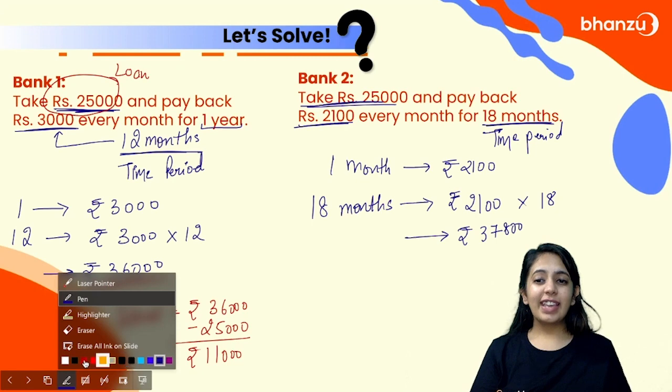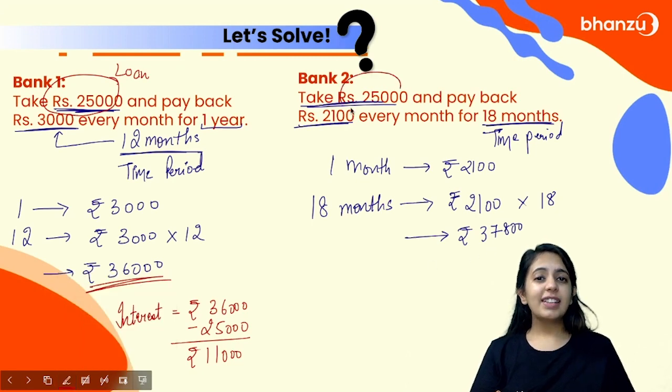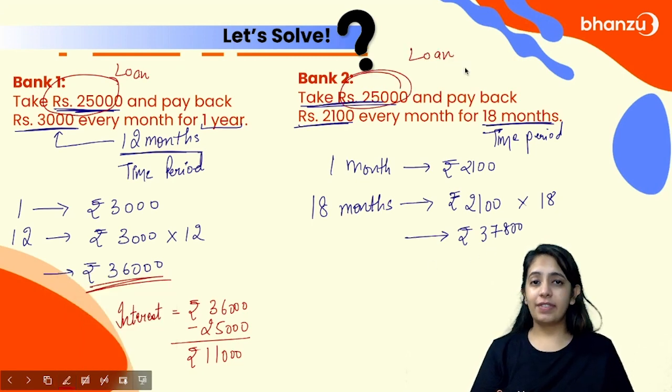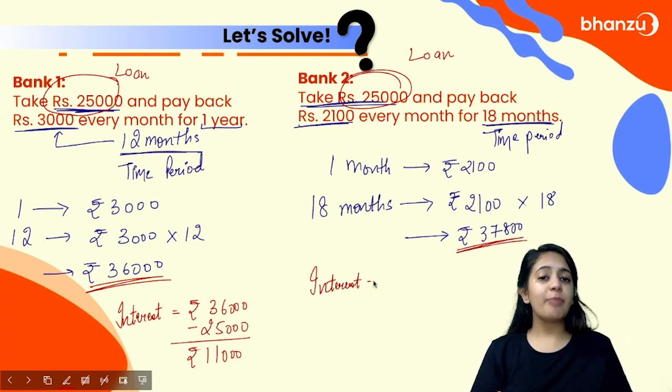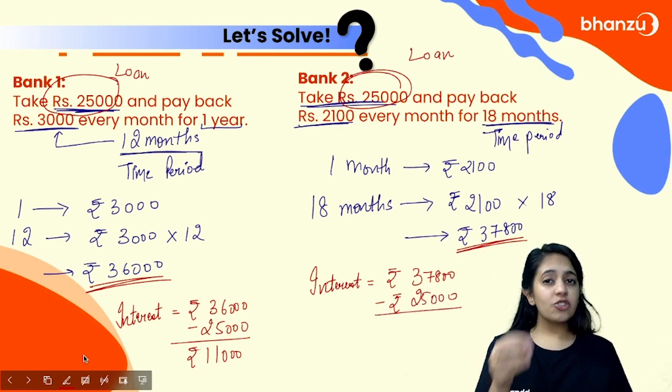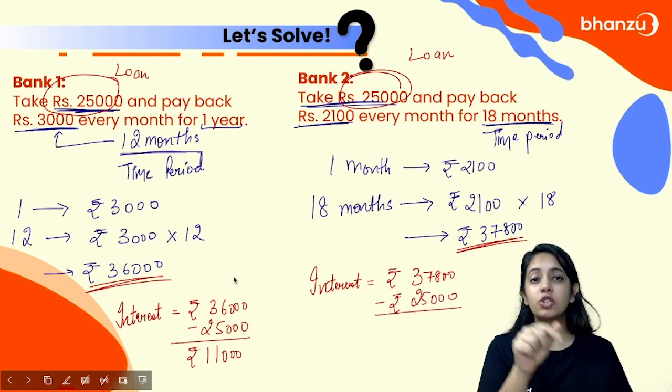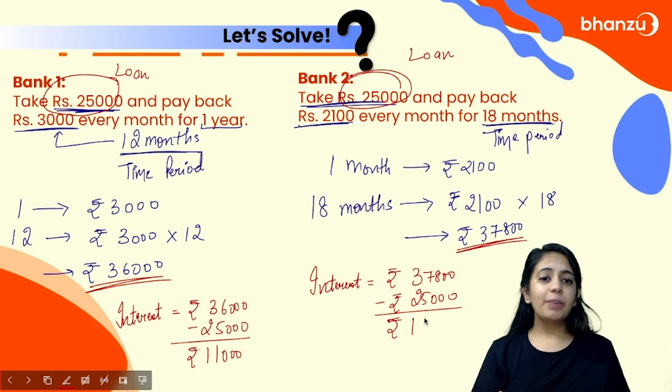Okay, so in case number 2, Adrian is taking a loan of 25,000 from the bank, but he's paying back 37,800. So what do you think is the interest in case of bank number 2? The interest is 37,800 minus 25,000. The extra amount that Adrian will pay if he chooses bank number 2 is rupees 12,800. So what do you think, which one shall he choose?